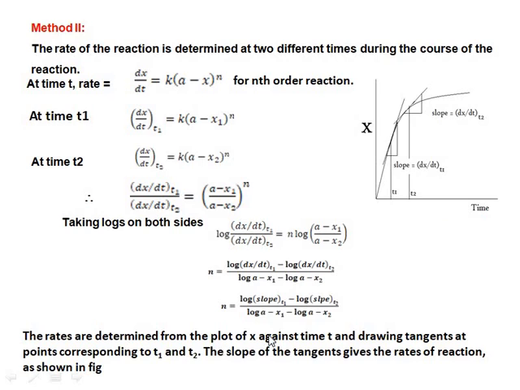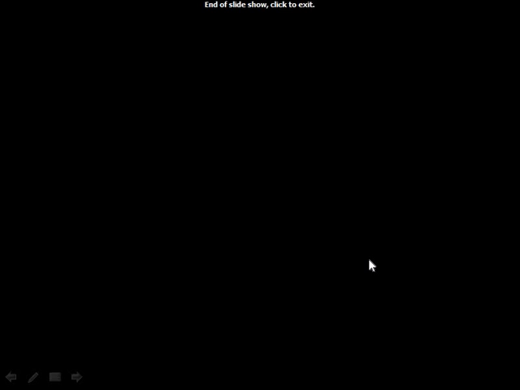So drawing the tangents at the points t1 and t2, the slope of the tangent gives the rate. The slope is equal to (dx/dt)t1 and (dx/dt)t2. Put these values in this equation and we can calculate the order of reaction, right? Okay, thank you.